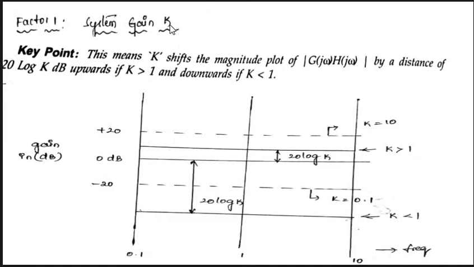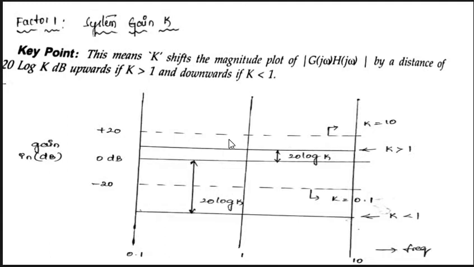If this constant k value is greater than 1, that means a positive value, the magnitude plot for this system can be drawn 20 log k in the up direction. If k is less than 1, then we draw the magnitude plot downwards at a distance of 20 log k.